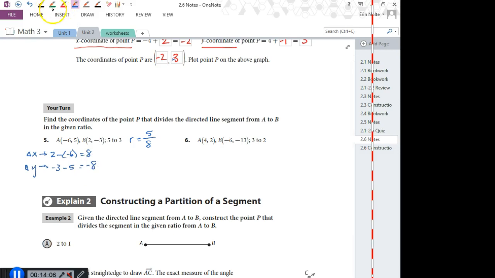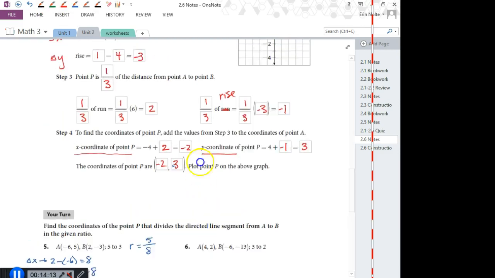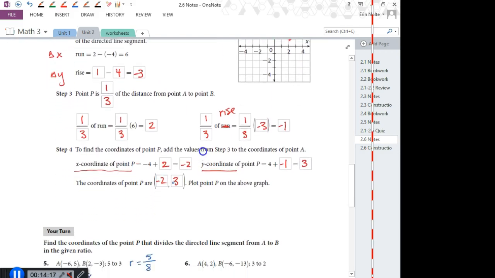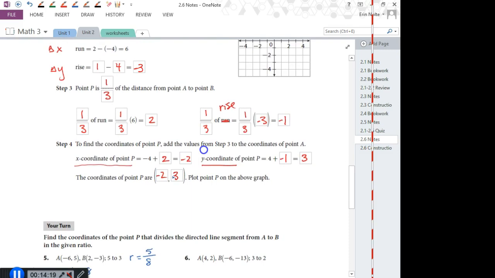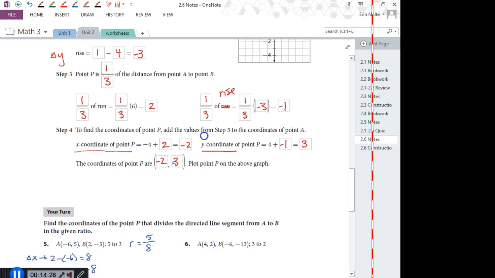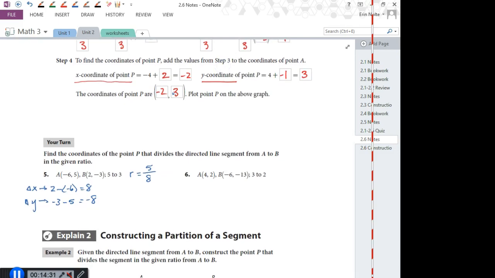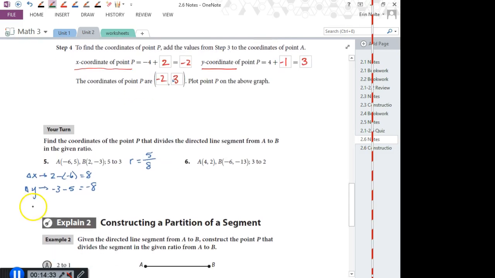Okay, so then what do I do next? You guys remember? You take the first one. So now I'm on step 3. I'm going to take my ratio and multiply by my rise and my run. So let's do change in x times my ratio.